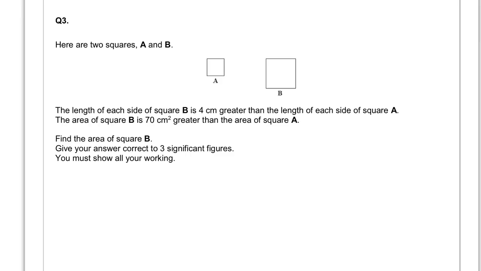Okay, question 3. So this is a bit more of a problem solving one. So the length of each side of a square. First of all, what do we know about squares? Yeah, all the sides are equal, okay? Make sure they always give you clues in these questions, right? And it's 4 centimetres greater than the length of each side of square A. Okay, well, imagine if I call one of the sides x.